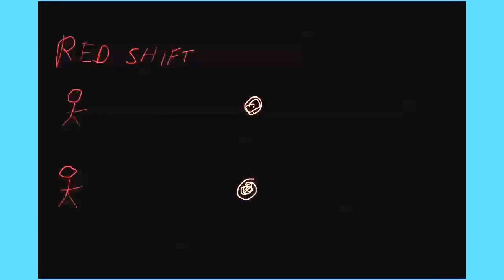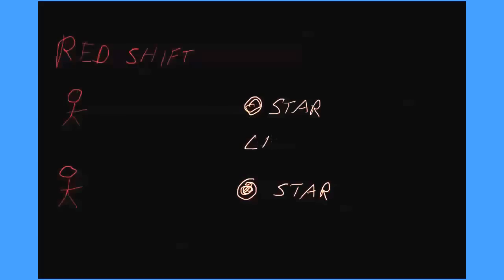We've got a star. These could be stars, they could be galaxies, and they're emitting light. And we know light travels at a constant rate through a vacuum. We know the speed of light is 3 times 10 to the 8th meters per second.